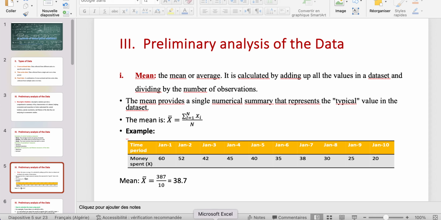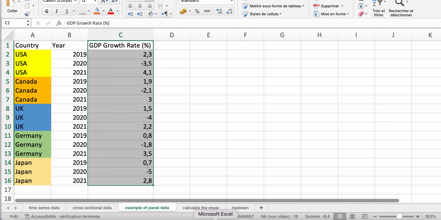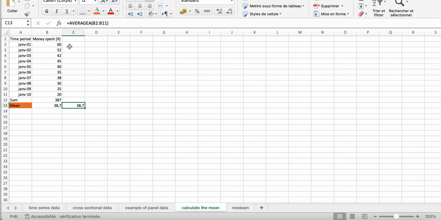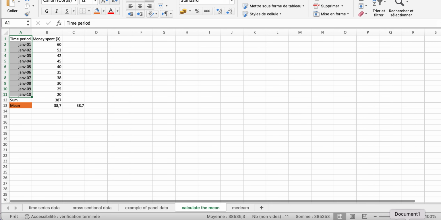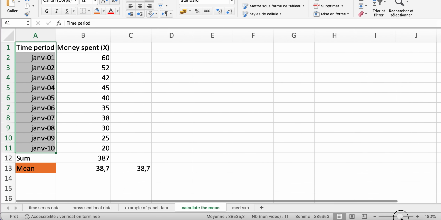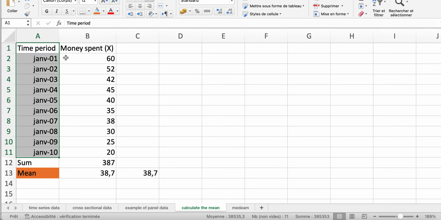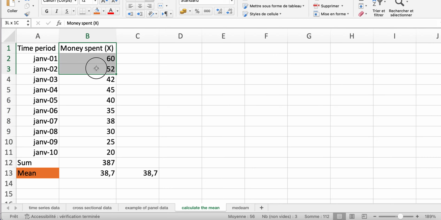So let's open the Excel file. I will explain how to calculate this mean. Here we have a time frame, and I will make it larger. Here we have our variable x, which is the money spent by individual x.